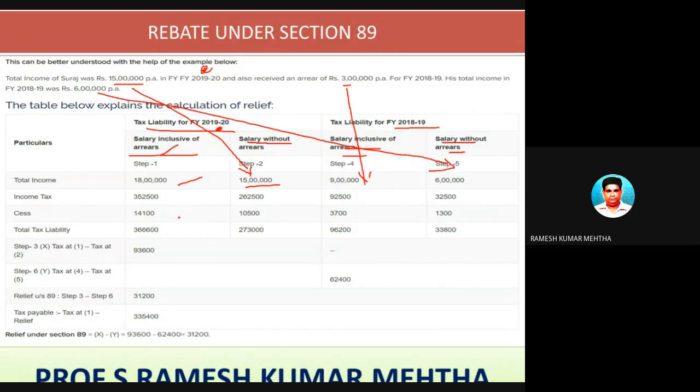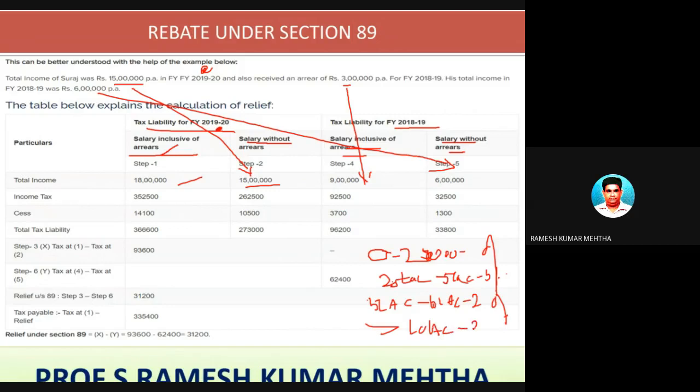Now, every year the tax slabs are changing. For example, for the financial year 18-19, for a normal person whose age is 60 years or less, the tax rates are: up to 2.5 lakhs is nil, 2.5 lakhs to 5 lakhs is 5 percent, 5 lakhs to 10 lakhs is 20 percent, and greater than 10 lakhs is 30 percent.